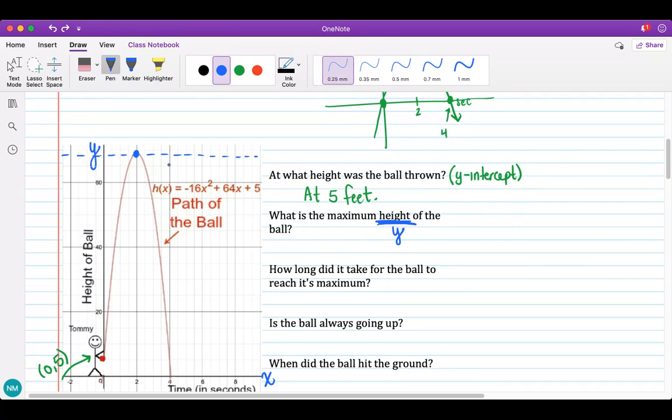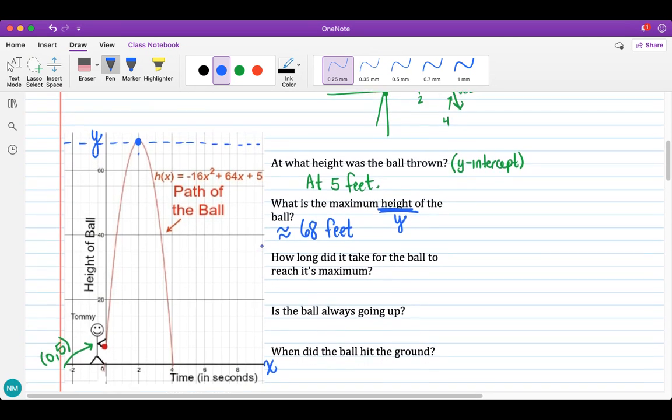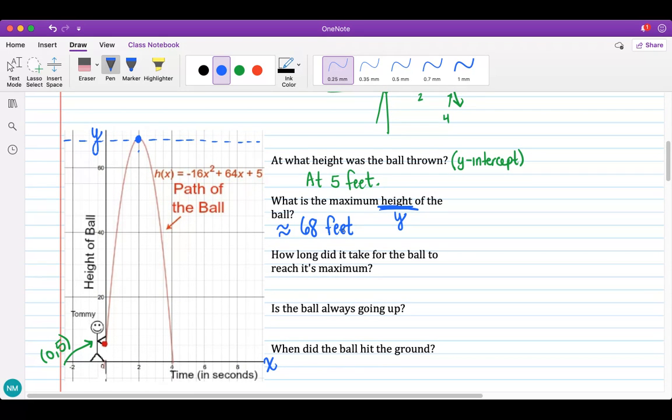But for right now, we're just going to estimate. And my estimation, so this is 65, so this is going to be 70 right here. So I'm going to say about 68, approximately 68 feet. Is it in feet? Do we know? It doesn't tell us. Height of the ball. We're just going to put feet.